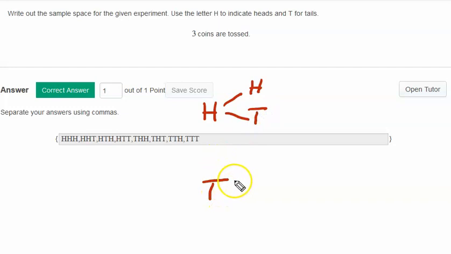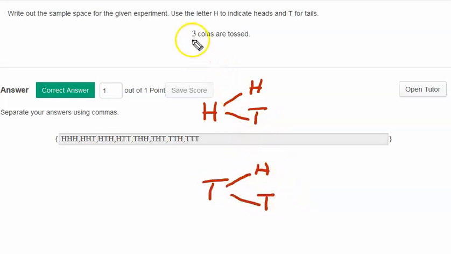This coin, when flipped, could produce a head or a tail. Now, if there were only 2 coins tossed, what would be your sample space? Well, head, head, comma, head, tail, comma, tail, head, comma, tail, tail, comma.